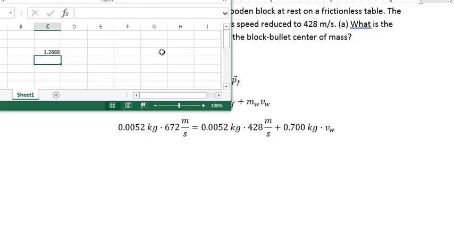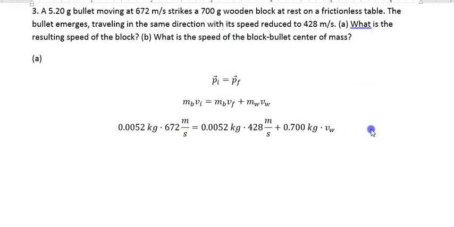That's the change in momentum of the bullet, and we're going to divide that by the mass of the block, right, to get the final velocity of the block. So the block is cruising along at a hefty 1.81 meters per second. All right.